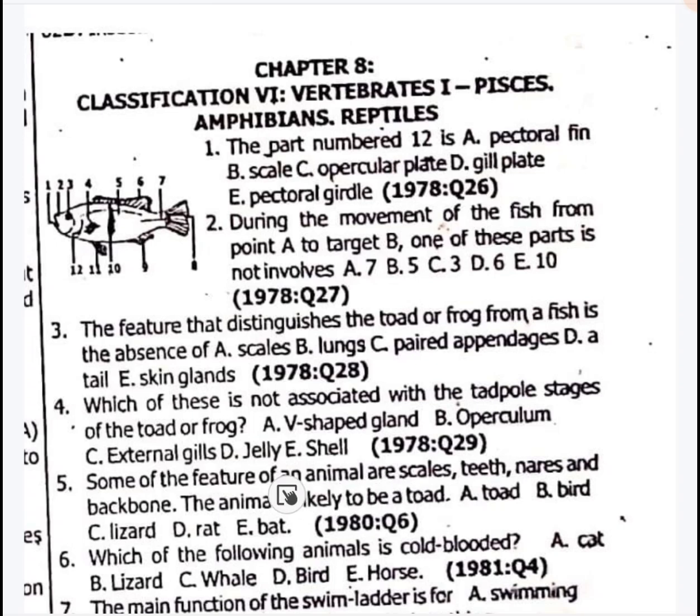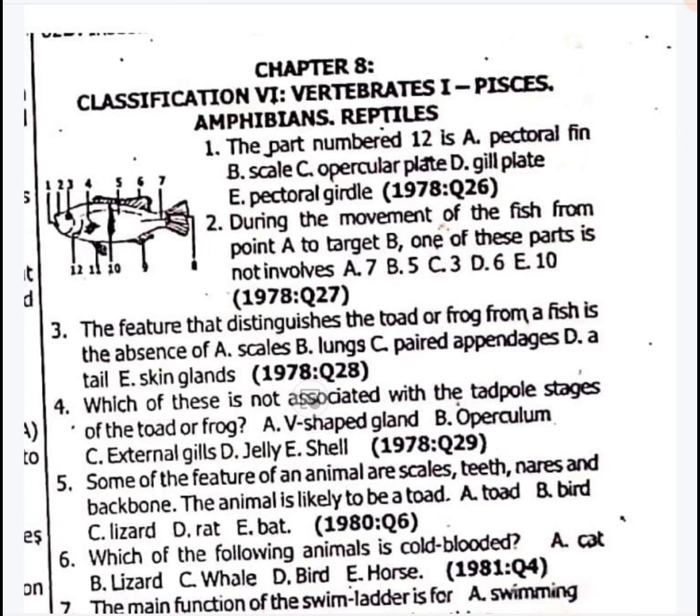Number 4 is option E, actually the shell. But I would like to give a brief note about the tadpole stage. The tadpole stage is a metamorphosis stage of a toad.